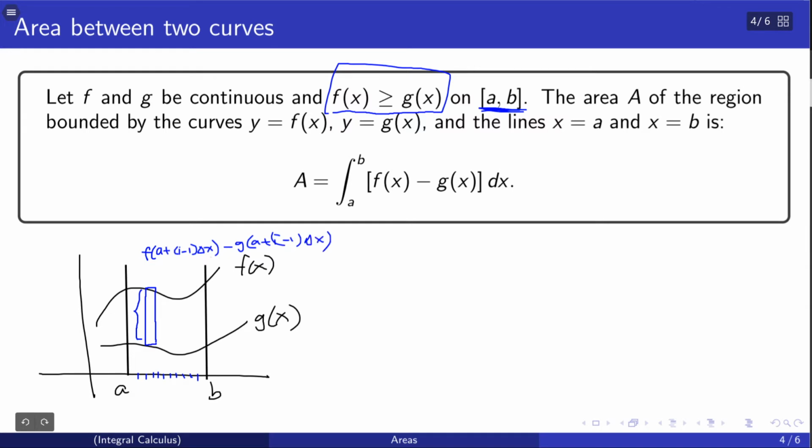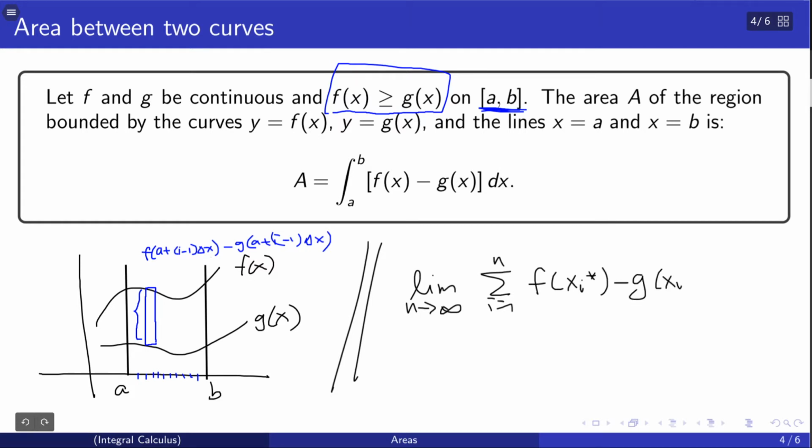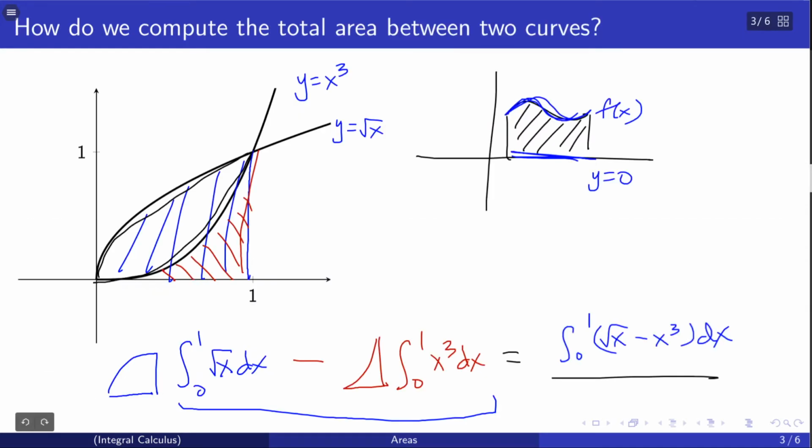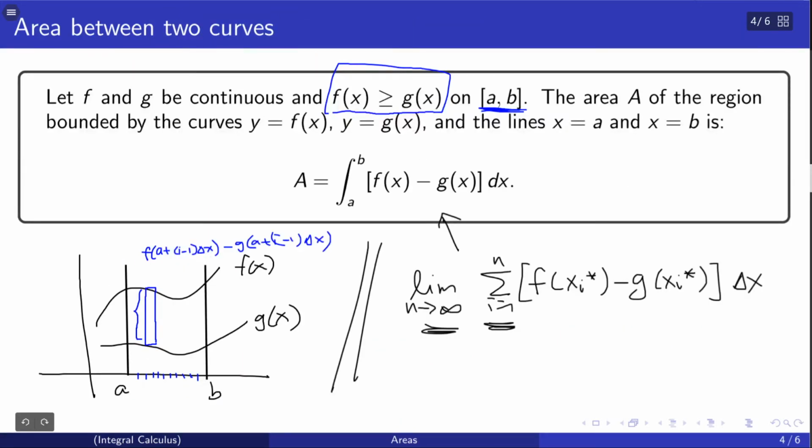And so in general, you can simply consider this approximation in the limit to have, well, each rectangle is now going to have height f of x_i star minus g of x_i star. And you multiply it by delta x, the width of that rectangle. Add them all up, take the limit, and you get exactly this definite integral. All right, so the formula makes sense, both geometrically and in terms of our Riemann sum definition.